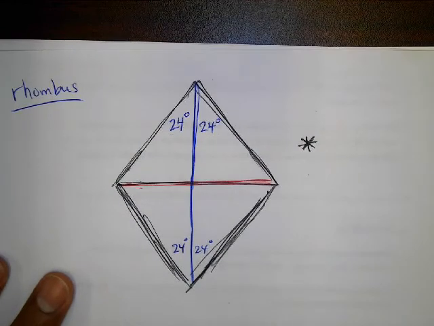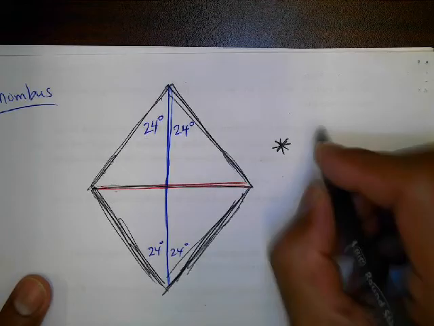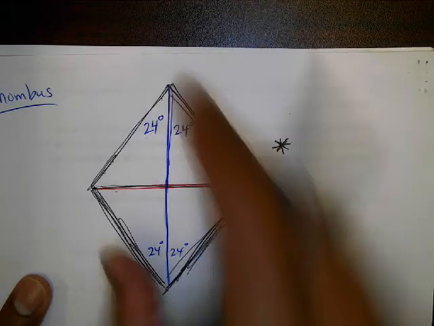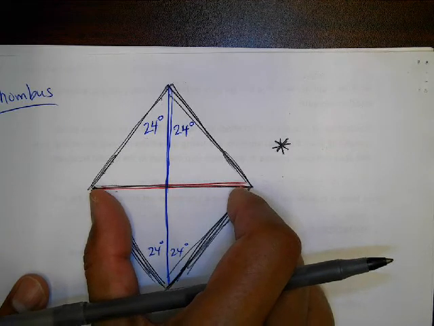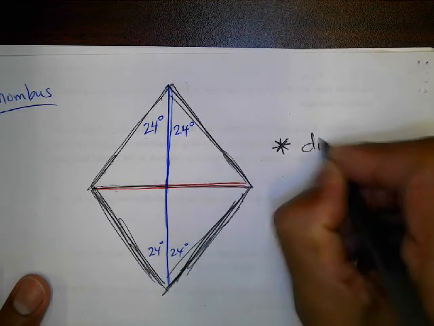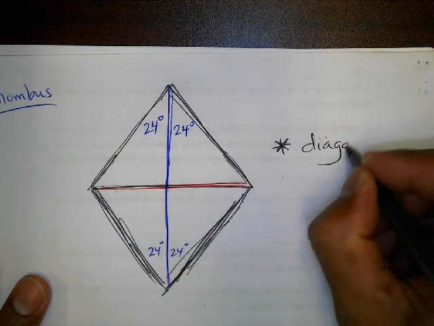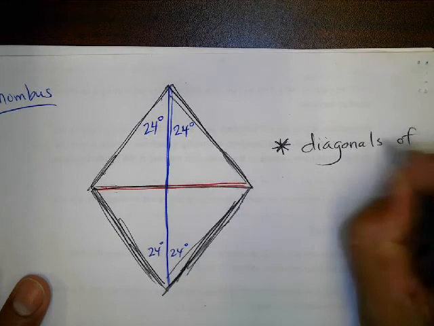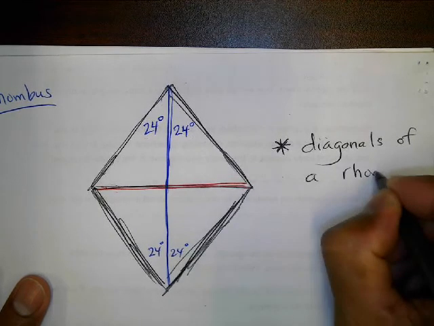Here's a big wowie, a big true thing about the characteristics of a rhombus. I know that this and these are not the same length. I'm not talking about the length, but the diagonals, right? You need both of them.